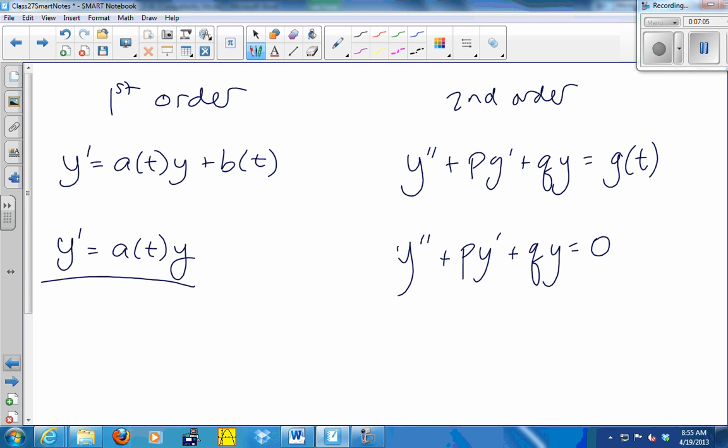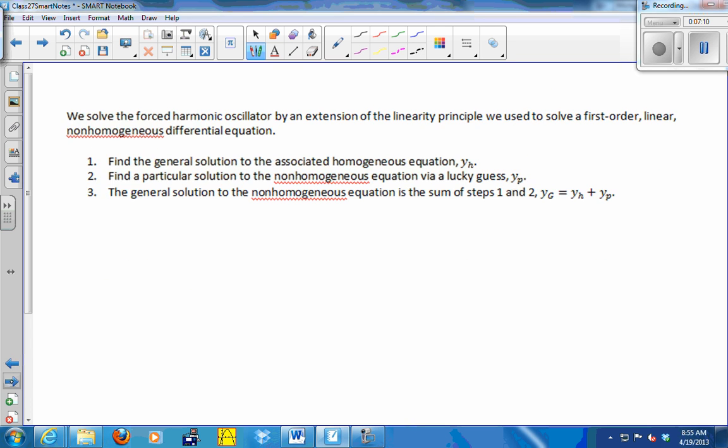Then we needed a particular solution to the whole thing, and we'd add the two together to have the general solution. So it's the same thing here. Find the general solution to the associated homogeneous, find a particular solution to the non-homogeneous, and then add those two together. That's the general solution.